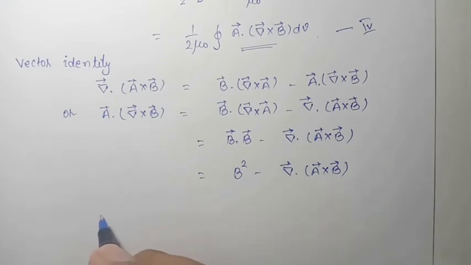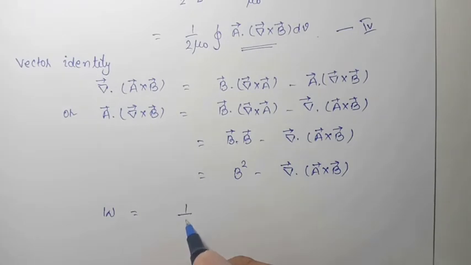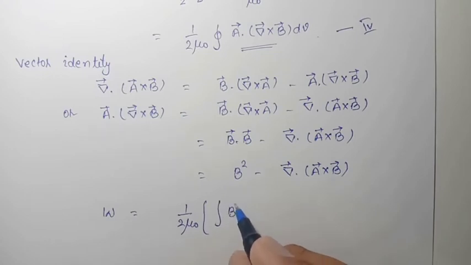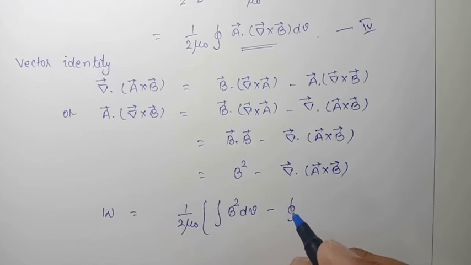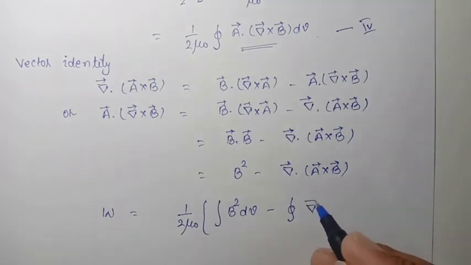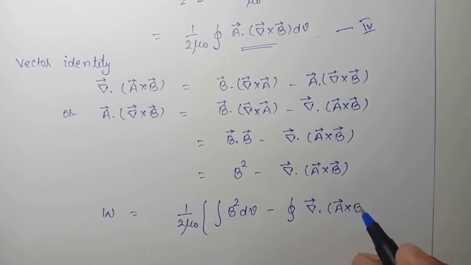We can write W is equal to 1 over 2 mu naught integral of B squared dV minus the integral of del dot A cross B dV.